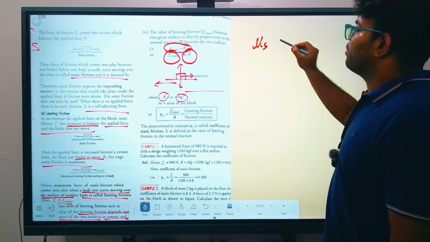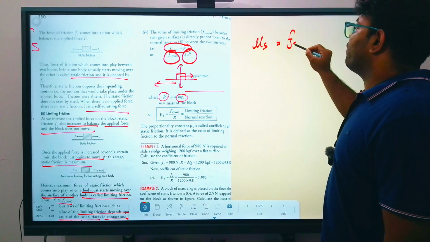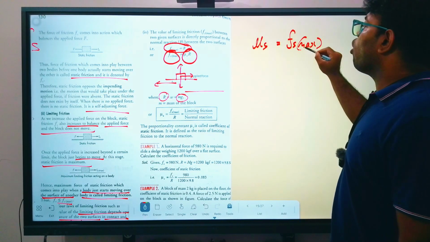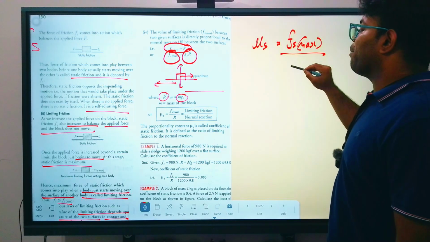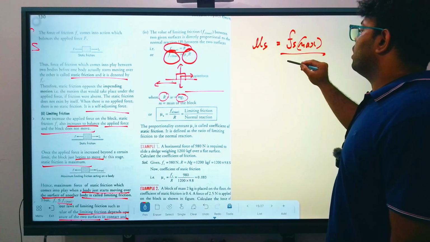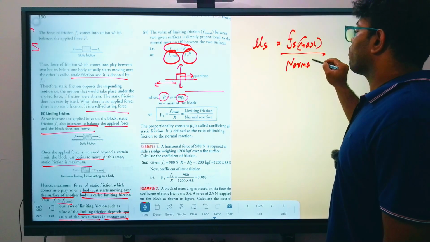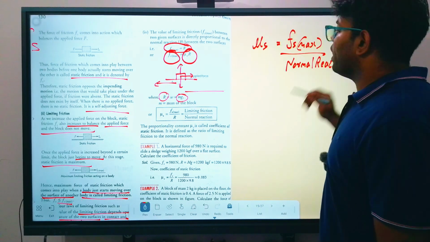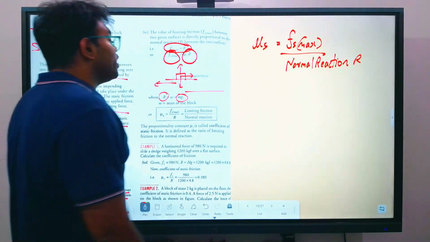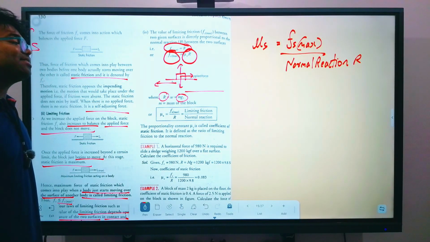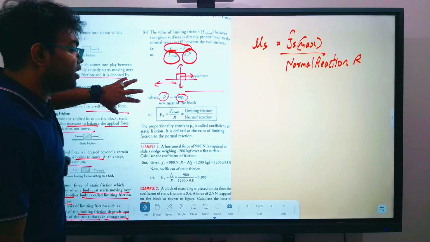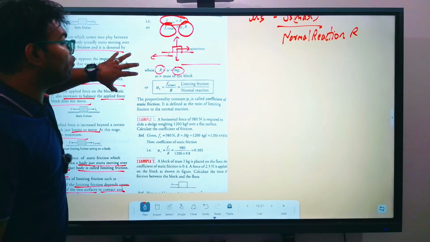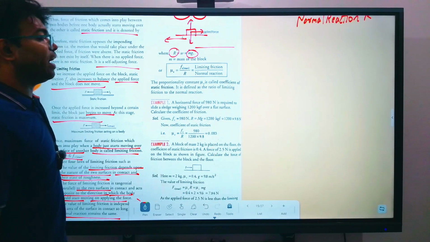So the coefficient of static friction becomes equal to Fs max, the limiting friction, divided by the normal reaction. The proportionality constant mu s is called the coefficient of static friction. It is defined as the ratio of limiting friction to the normal reaction.